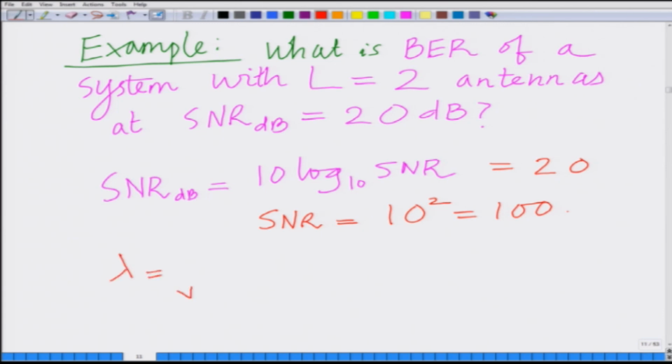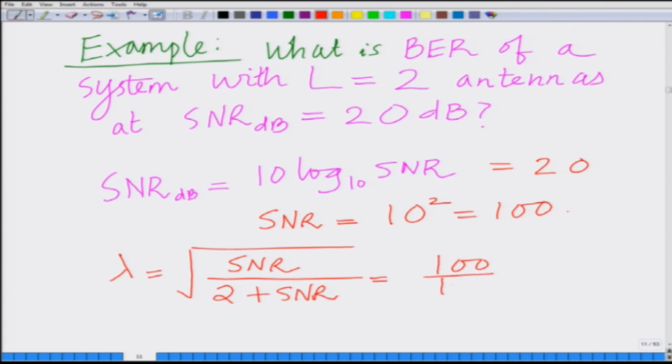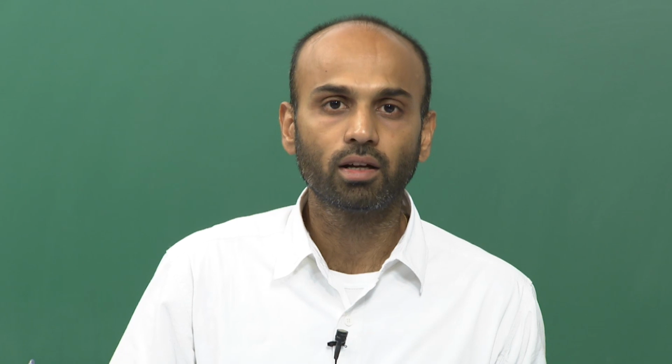Lambda equals square root of SNR divided by 2 plus SNR, equals square root of 100 divided by 102, and this is equal to 0.9901. So, we have calculated the value of lambda for this scenario with 20 dB SNR and L equals 2 is 0.9901.